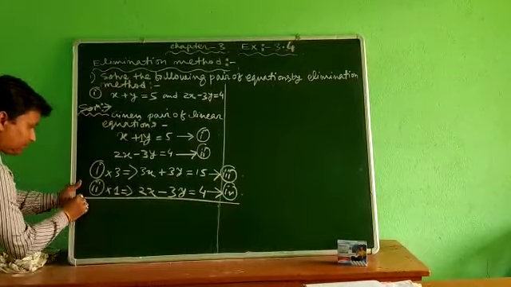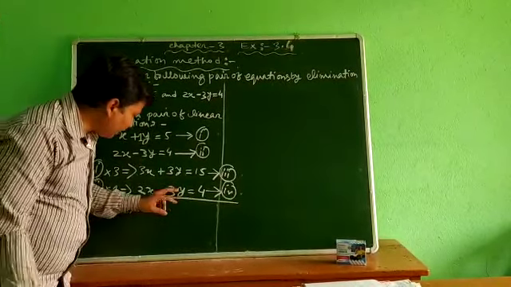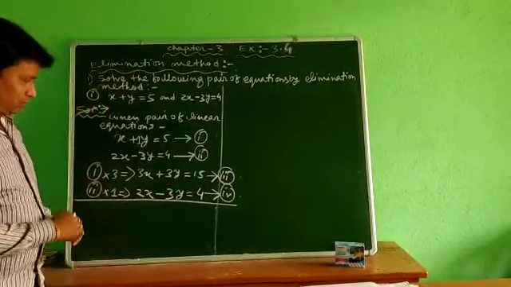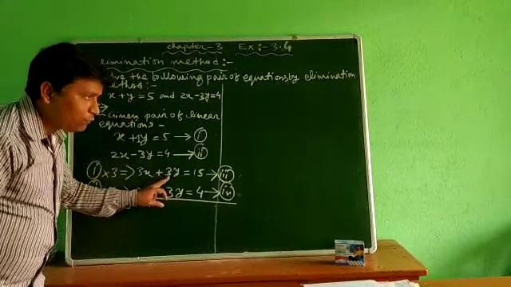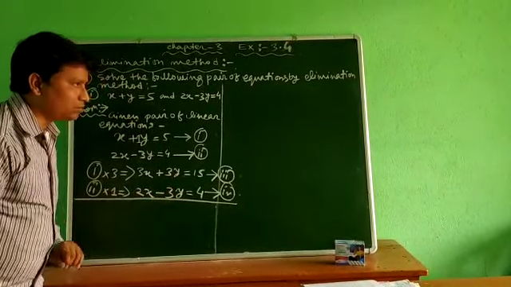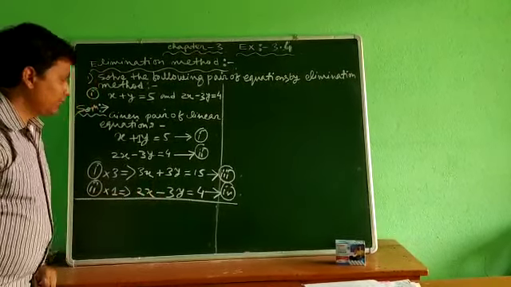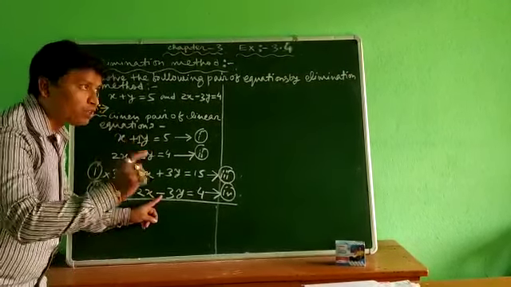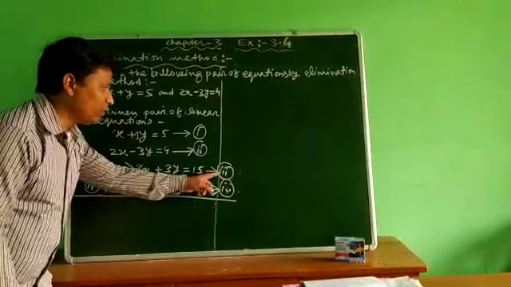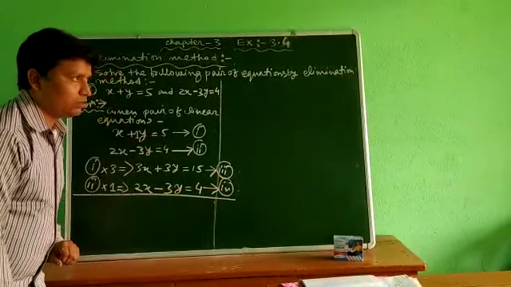After that, now our target is we have to eliminate y terms. So before eliminating y terms, first of all we have to see the sign of the terms. If the signs of the terms are opposite, then we have to add 3 plus 4.